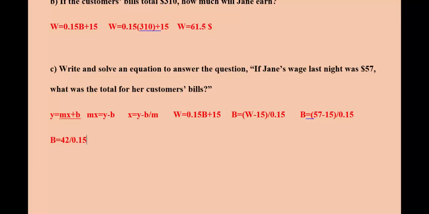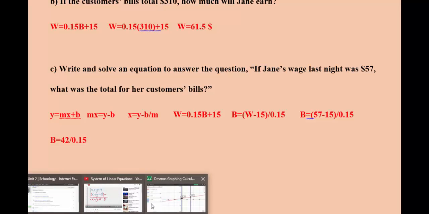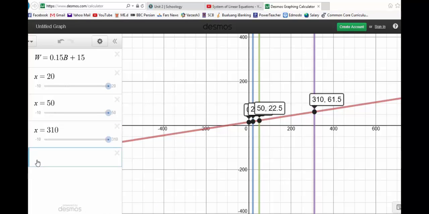Now let's look at that graph, how we can use our graph to answer this one. Here I should say y, because this is the wage, equals 57.